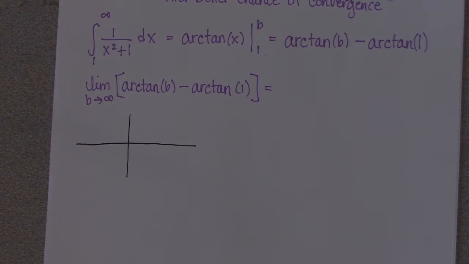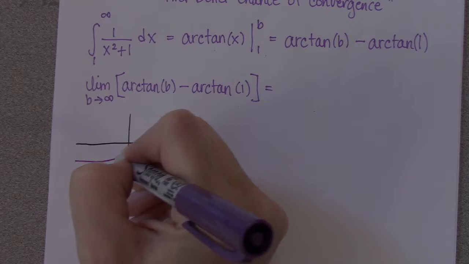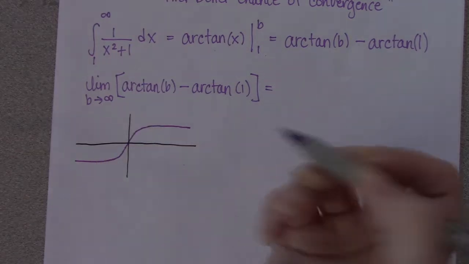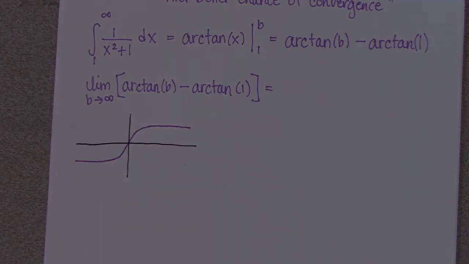For tangent, we know it kind of looks like S's that repeat again and again, but when we flip it over the line y equals x, it turns on its side. When you take the inverse of a function, any vertical asymptotes it had become horizontal asymptotes.